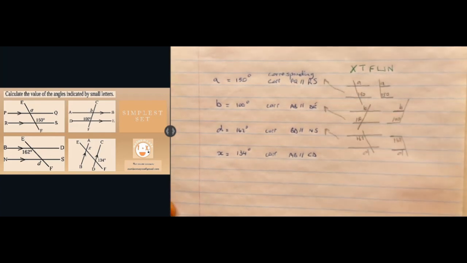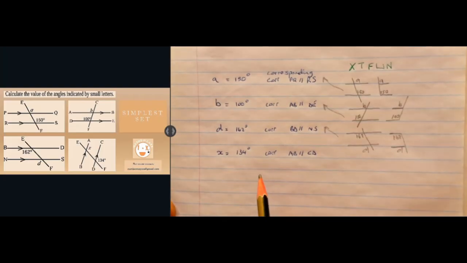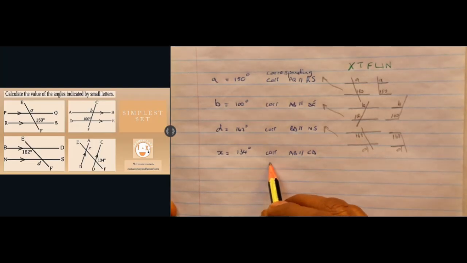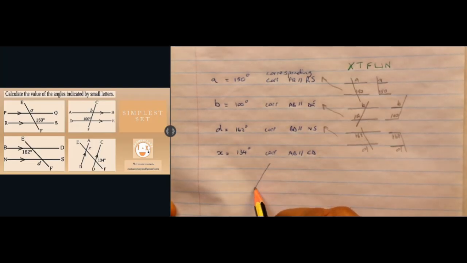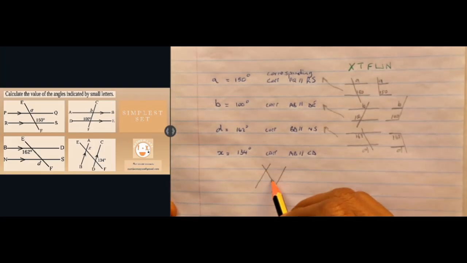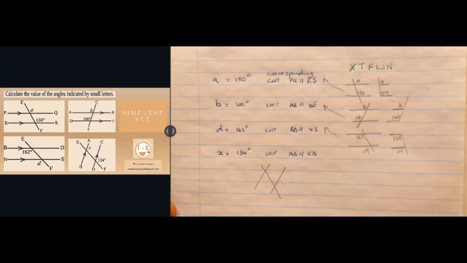Then what about the last one? What did they do in this last one? They played us here, isn't it? Now, the parallel lines are no longer horizontal. They are what? Some people are saying vertical. No, it's not vertical. It's diagonal.